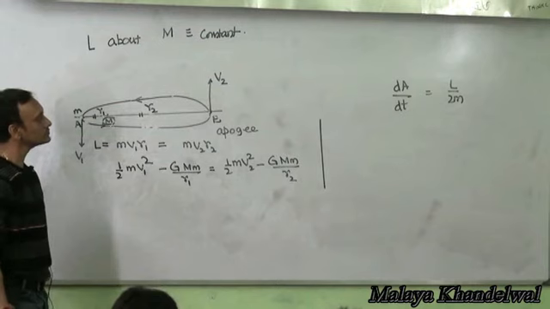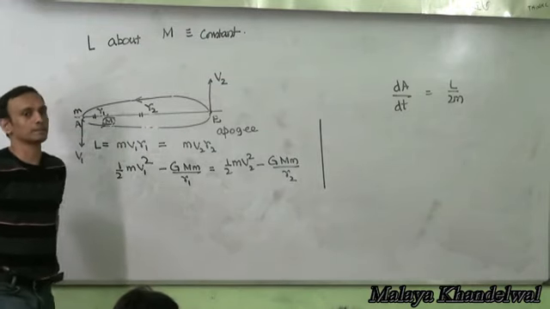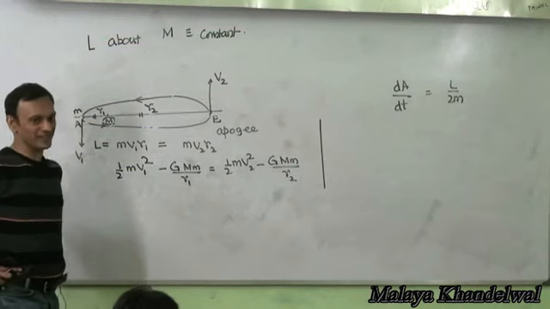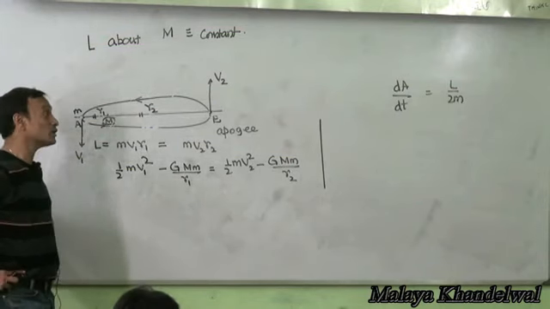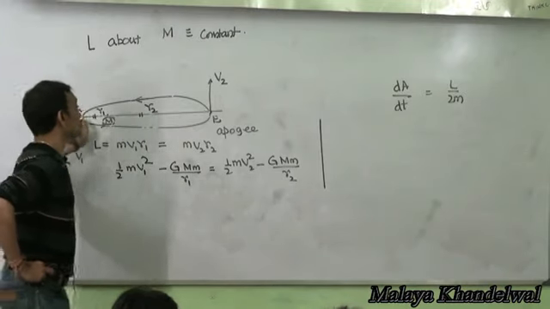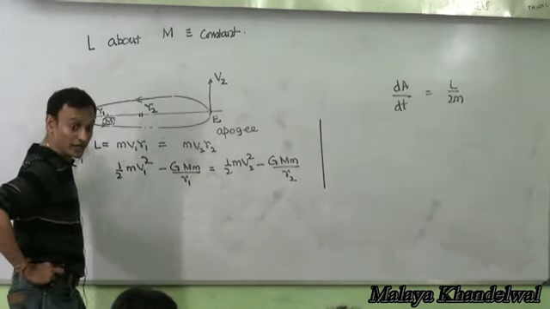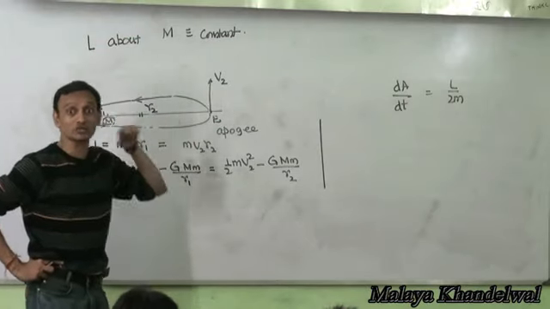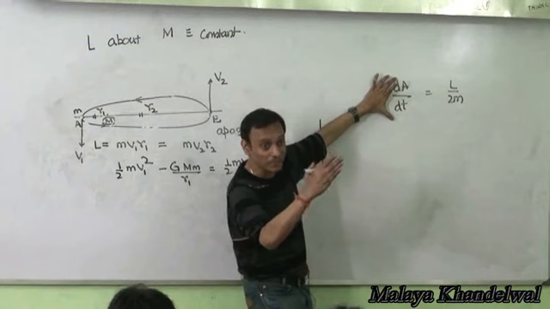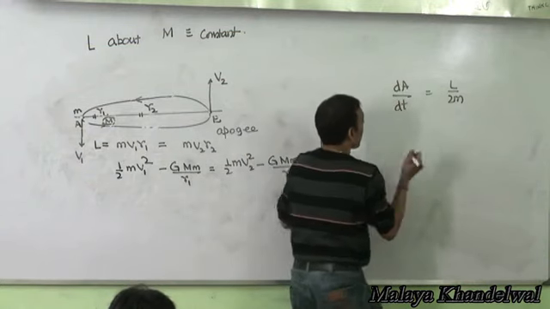And once you have the rate at which area is described, then you can find the time it takes to describe the full area of the ellipse. Realize, this is the rate at which area is described about m, right?